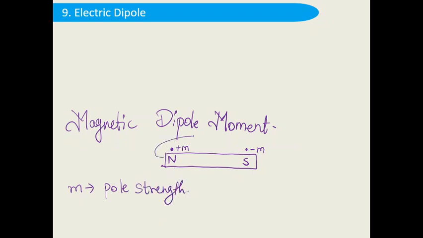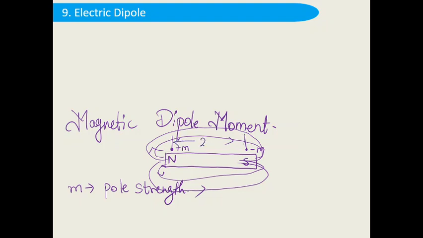And there is a magnetic field which starts from the north pole and ends at the south pole. This is what we call a magnetic dipole moment. Also, if you consider the magnetic length of the two poles, there are two lengths in the magnet.